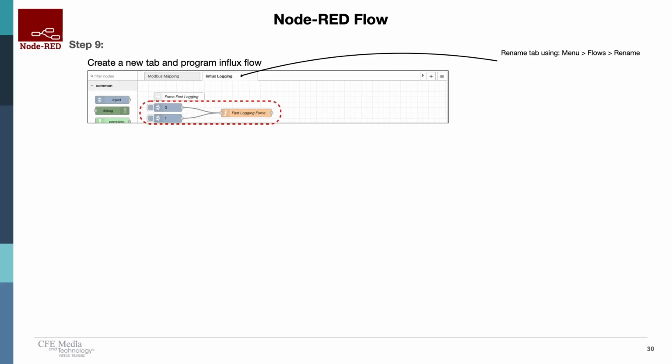So another useful thing about Node-RED is we could just program this to always inject the data at a set interval, say every 500 milliseconds or every 100 milliseconds. But in certain instances, we want to have a much faster sample rate when it's important, and then switch to a slower sample rate when it's not important.